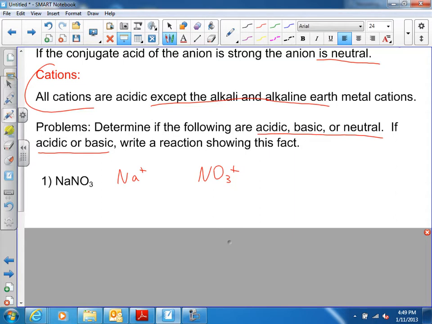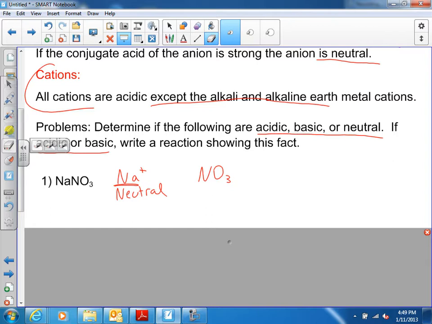By the way, cations are never basic, so if they're not acidic, they're neutral. Cations cannot be basic. So cations are acidic unless they're an alkali metal. Well, sodium is an alkali metal, so this cation is neutral. And silly me, I put a plus over there. It's not NO3 plus, it's NO3 minus.